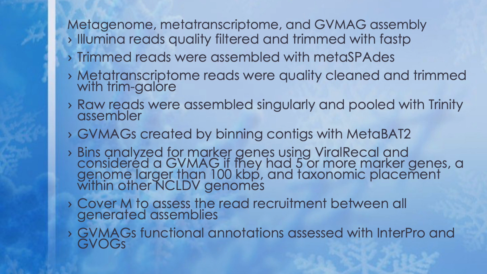Metatranscriptome reads were quality cleaned and trimmed with Trim Galore version 0.6.6 using default options. Raw reads were assembled both singularly and pooled with Trinity Assembler version 2.6.6, including the following options: normalized by read set.